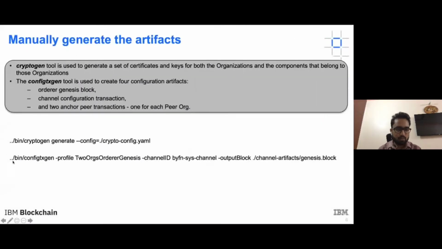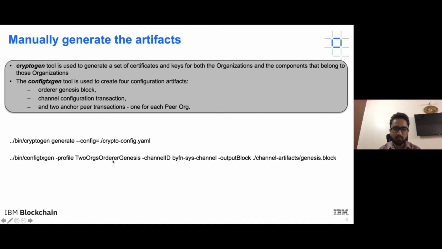Now the next step is to generate the config transactions for our channel. In this particular step, first we are going to create a Genesis block. How we are going to use this command is that we have to specify the tool name, and there is a profile defined in our configtx.yaml file, and I'll take you through that file also.